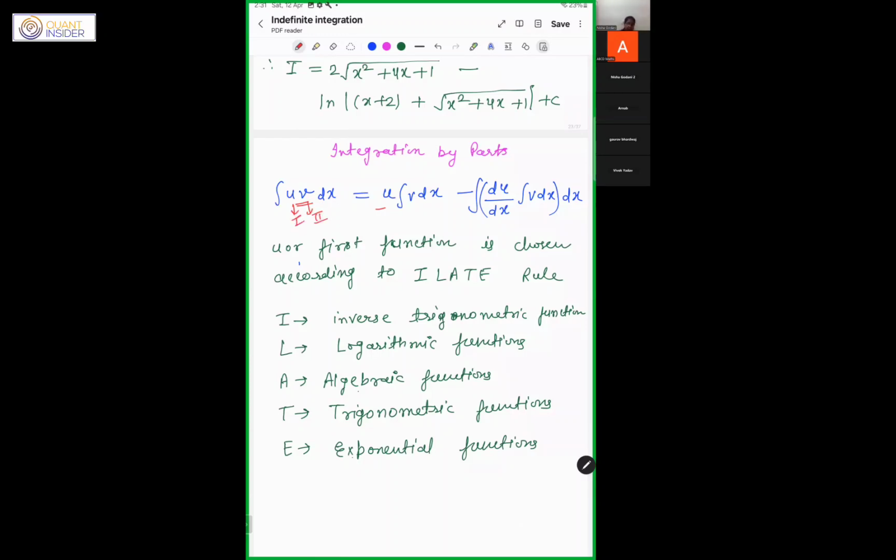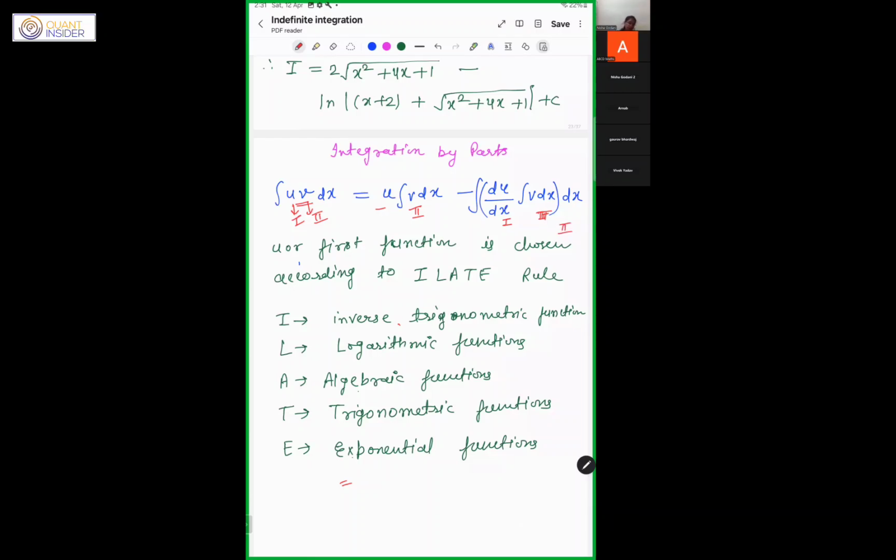How to decide it? I am going to tell you, don't worry. So this integration of the product is u as it is, then integration of the second function, minus the integration of the differentiation of the first function and the integration of the second function, and then integration of the whole.